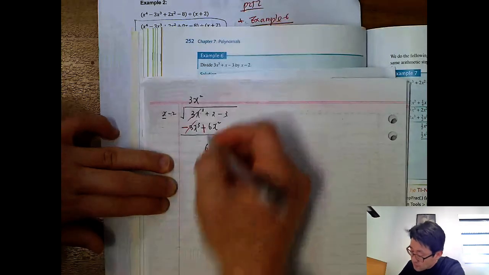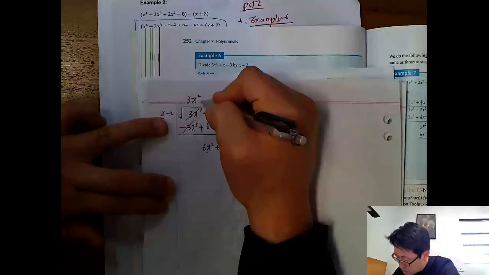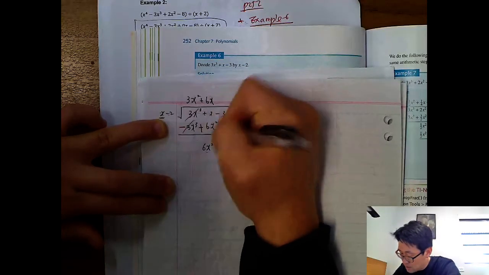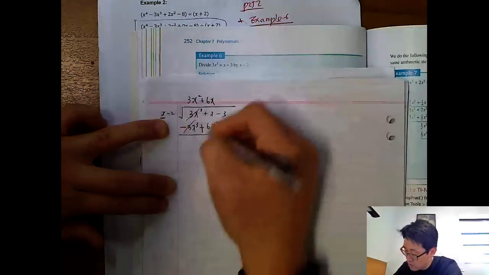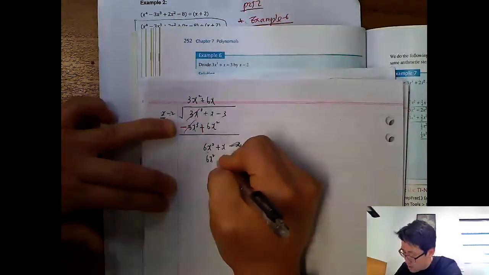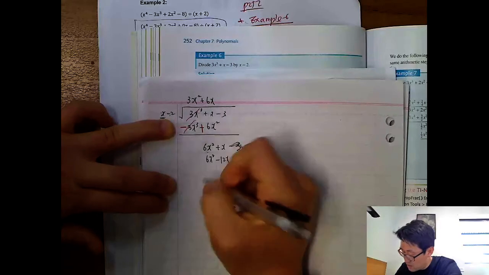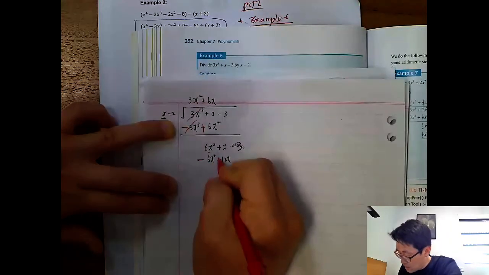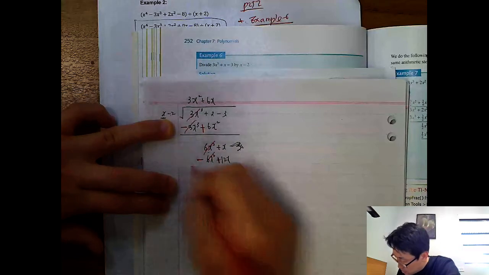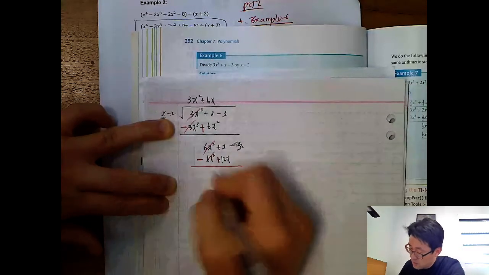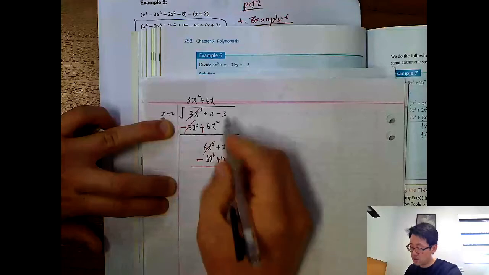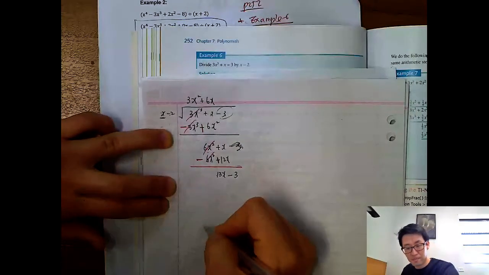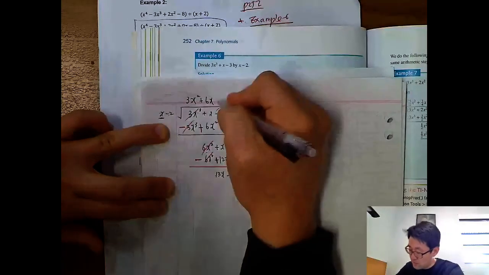And you go and check 6x. Yep, x times 6x gives 6x squared. Good. So 6x squared minus 12x, and then I minus the whole thing. 13x. What's left? Minus 3. 13x minus 3.